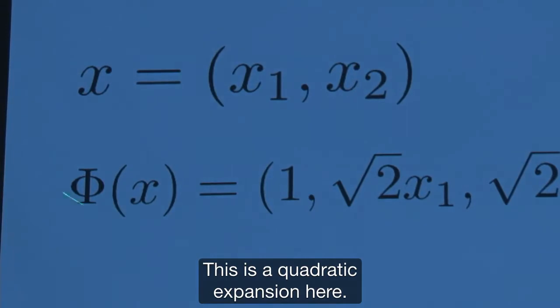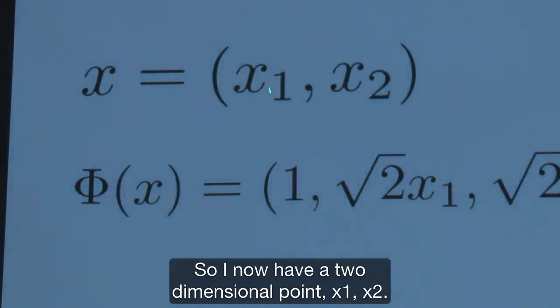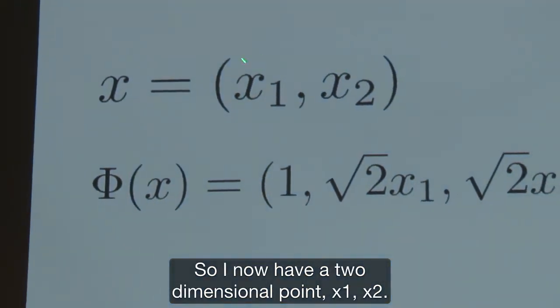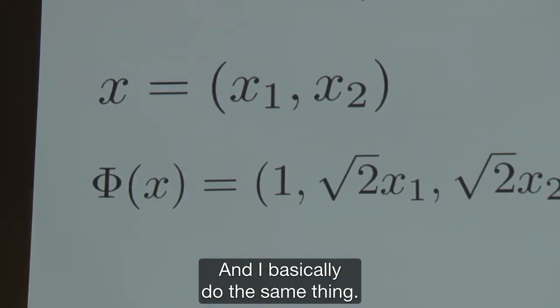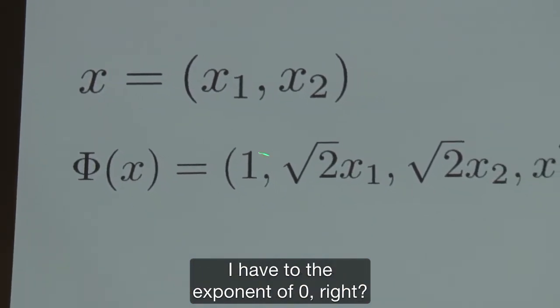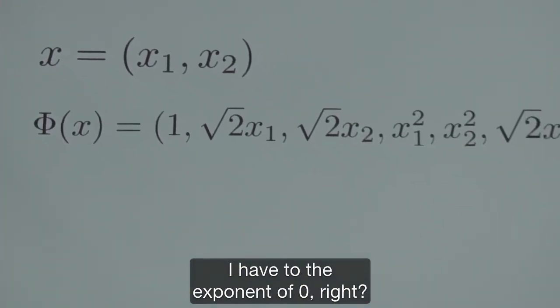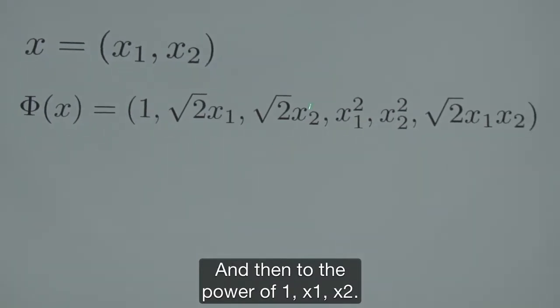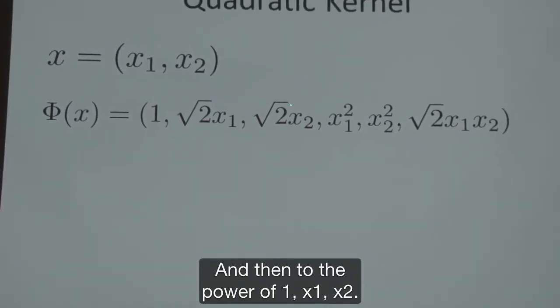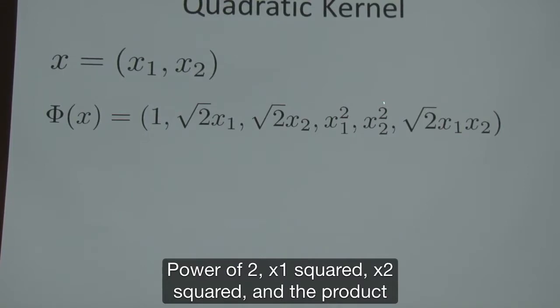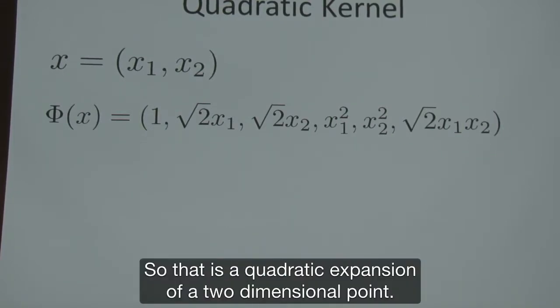This is a quadratic expansion here, so I now have a 2-dimensional point, x1, x2, and I basically do the same thing. I have the power of 0, then the power of 1, x1, x2, power of 2, x1 squared, x2 squared, and the product of the two. So that is a quadratic expansion of a 2-dimensional point.